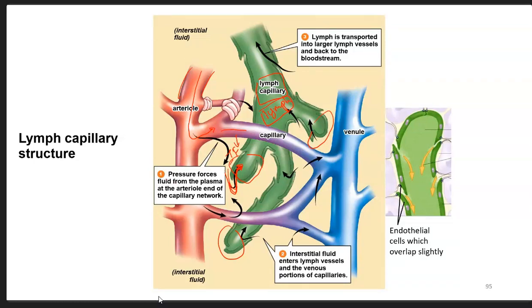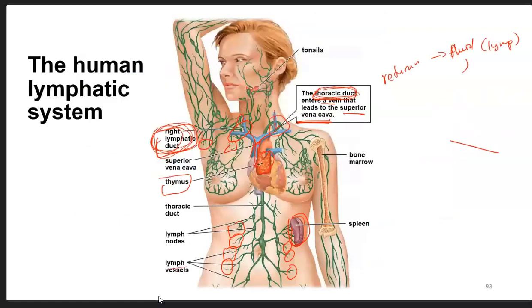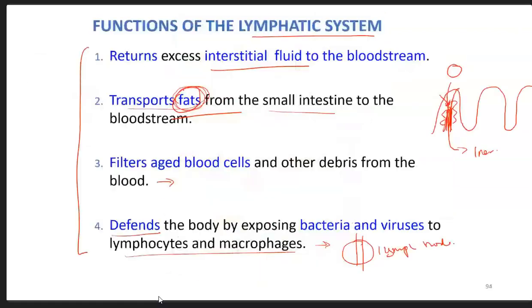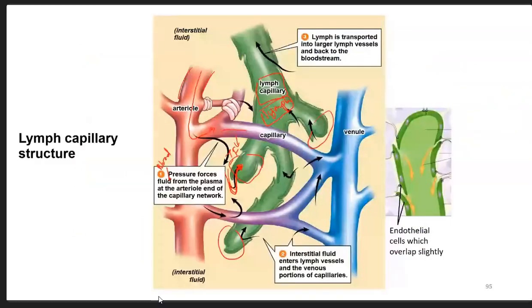It says here, number 1, the first box. Pressure forces fluid from the plasma at the arterial end of the blood capillaries. Maybe you can add in this box blood pressure, so that it is clear for you. So blood pressure forces fluid from the plasma at the arterial end of the capillary network.